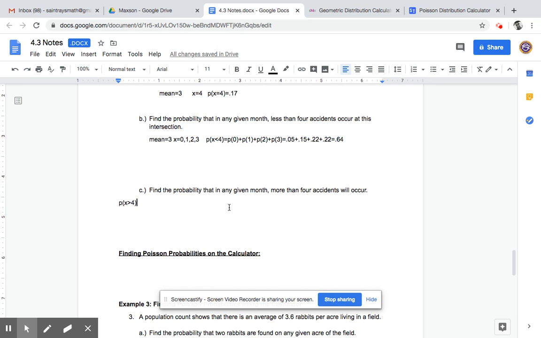So more than 4 would mean 1 minus. So if you remember complements, that is 1 minus the probability. So this is 1 minus the probability of x less than 4. So since we found x less than 4 is 0.64, this would be 1 minus 0.64, which would equal 0.36, and that would be your probability.